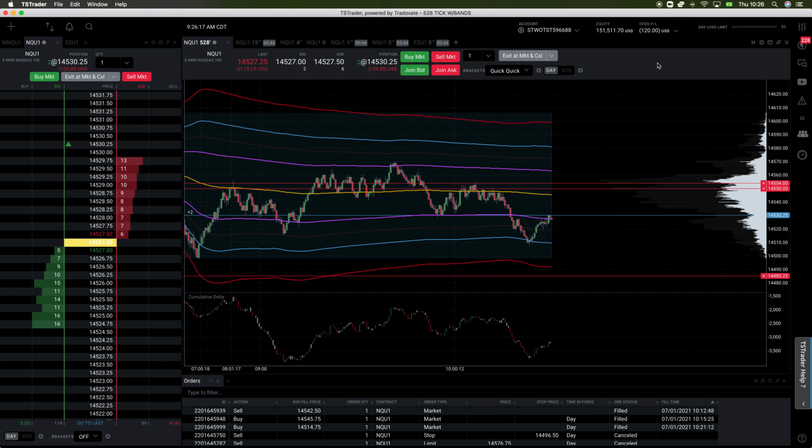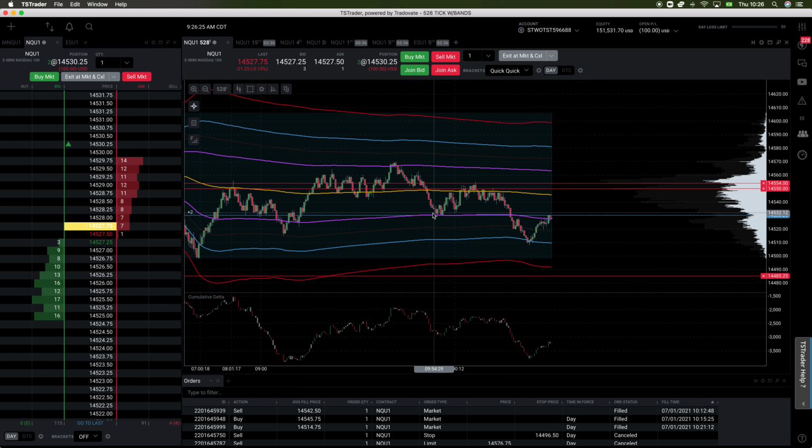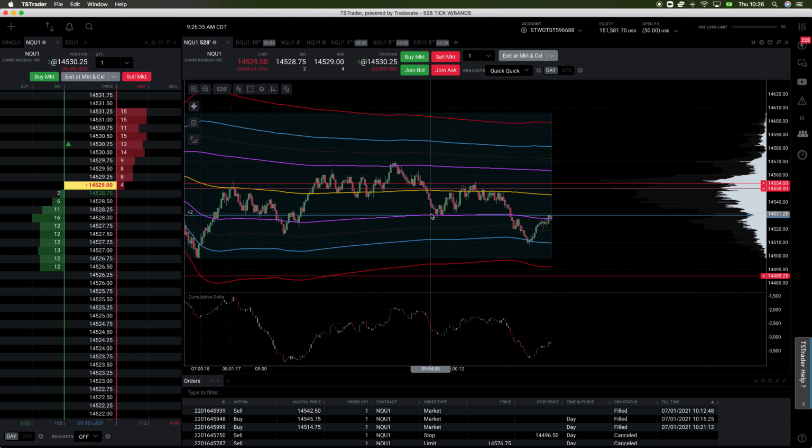If she wants to push it, I think if we break, actually, oh, I see why. Okay, if we can break this -1 standard deviation, we should hopefully see a rotation back up to at least 35.